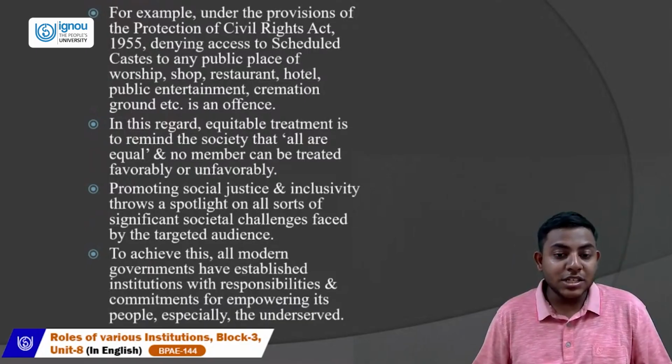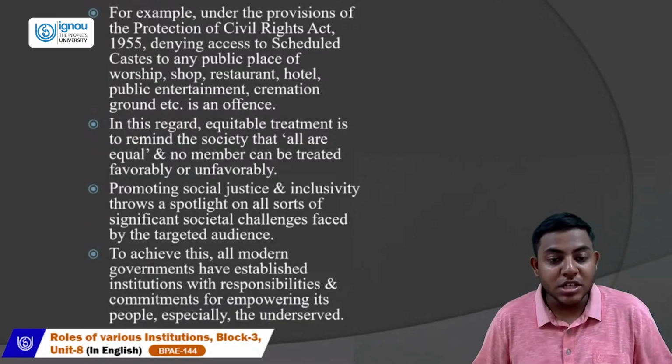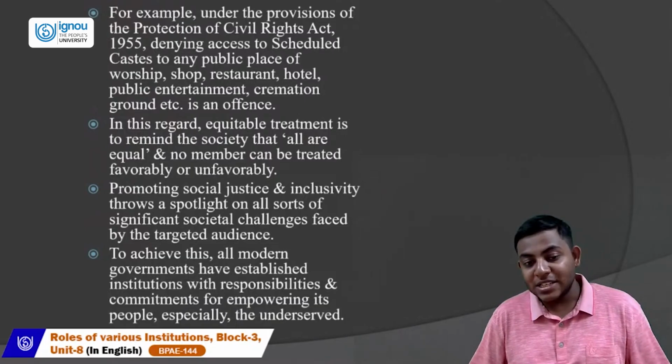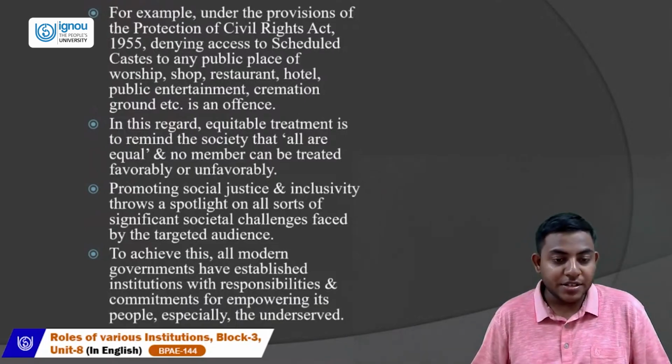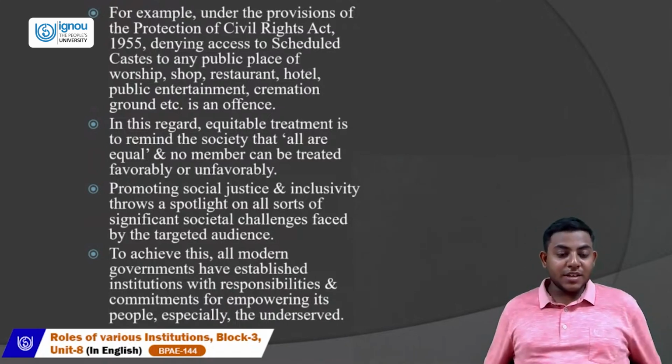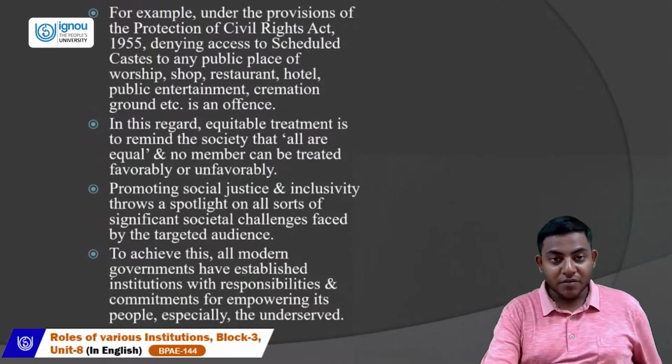So promoting social justice and inclusivity throws a spotlight on all sorts of significant social challenges faced by the targeted audience. To achieve this, all modern governments have established institutions with responsibilities and commitments for empowering its people, especially the underserved.